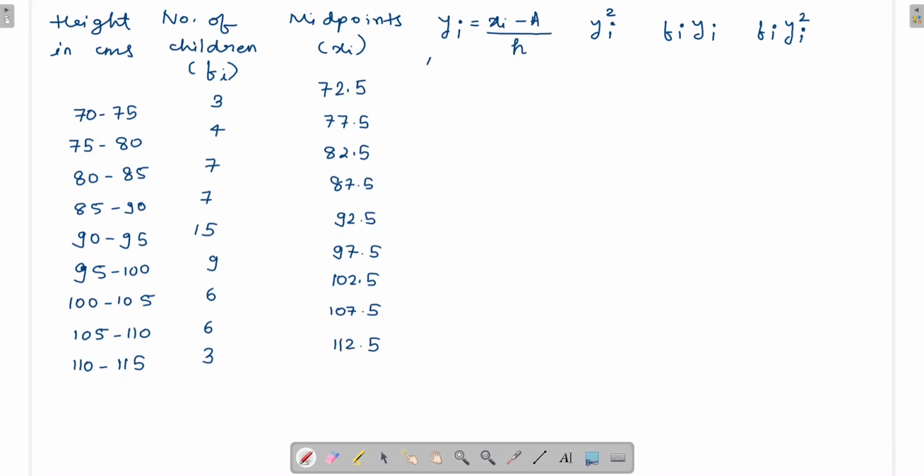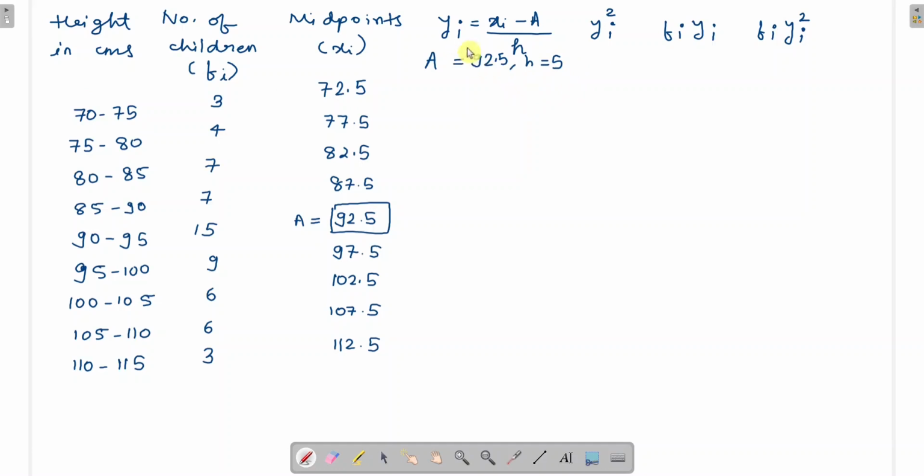Then we have to assume the mean here. The assumed mean is any value which is in the middle of the data. Since there are 9 values, the middle value will be the fifth value, 92.5. So this is our assumed mean, and h is nothing but the common factor, so 75 minus 70, which is 5.